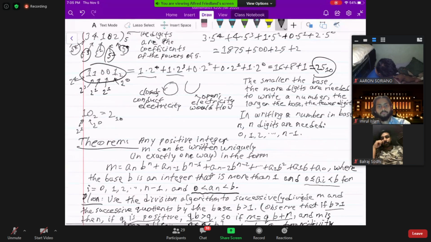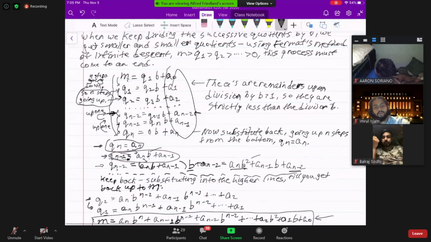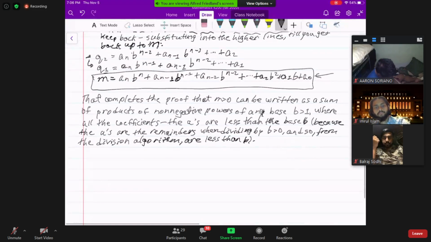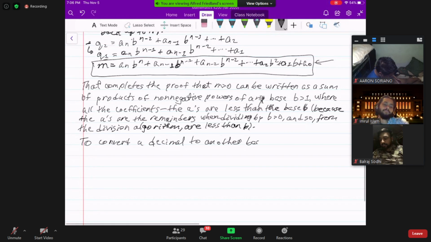But what about, suppose you want to convert a decimal number. So I'll just conclude with this. To convert a decimal number to another base B, do what we just did in the proof.